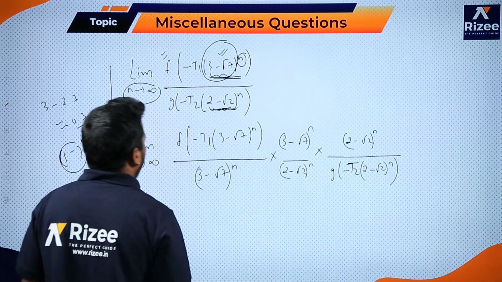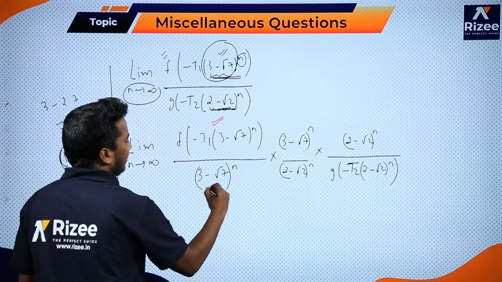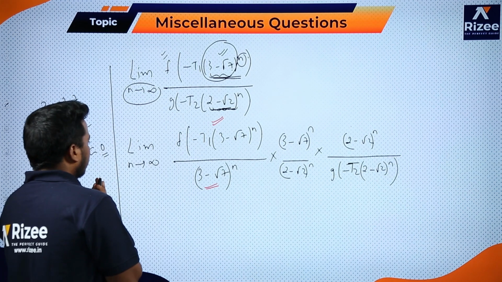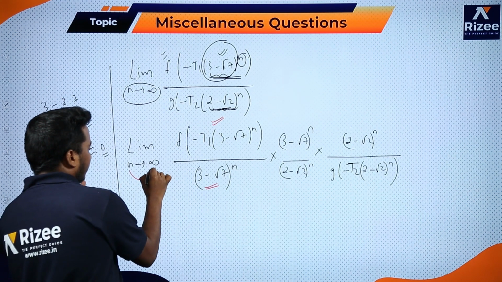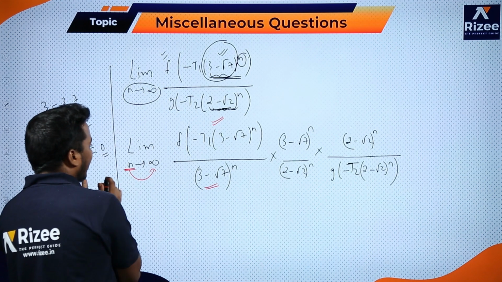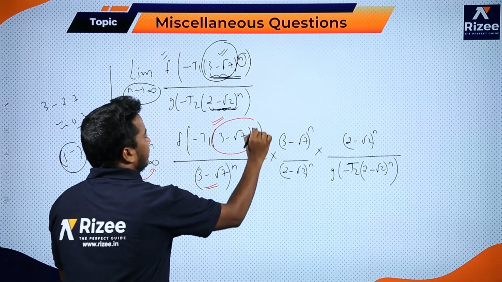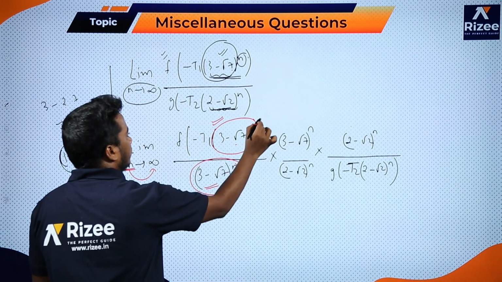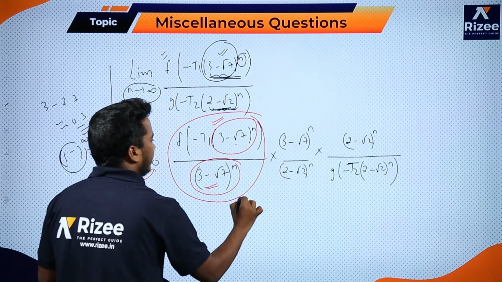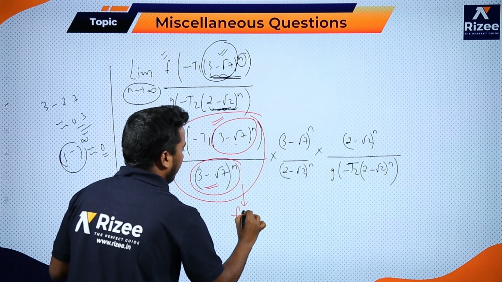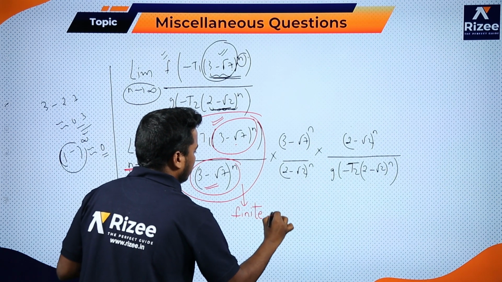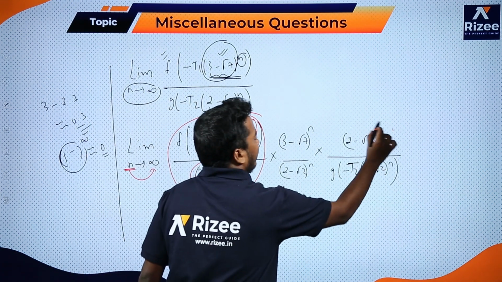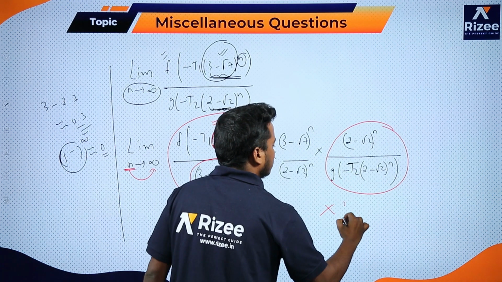See, I know that f of something by something is finite if something is tending to 0. One can say, sir, n is tending to infinity. I am not interested in n, I am interested in this part. This is tending towards 0, this is also tending towards 0, and these two are the same. So then this particular limit is a finite quantity and non-zero, no issues. Into this, which is also a finite quantity and non-zero.